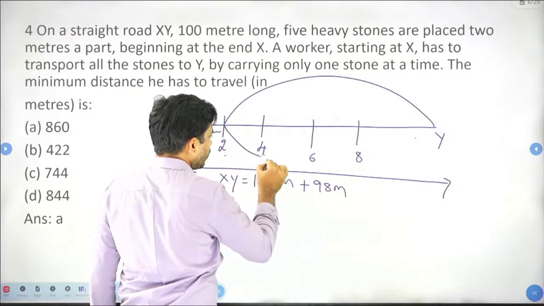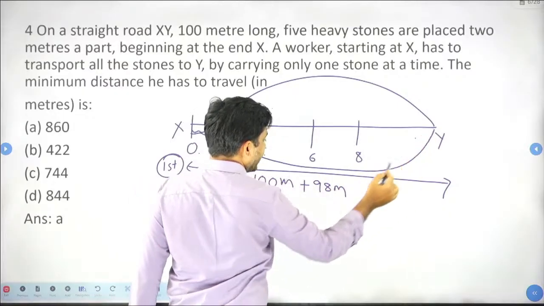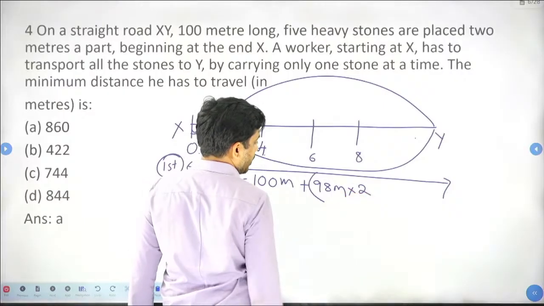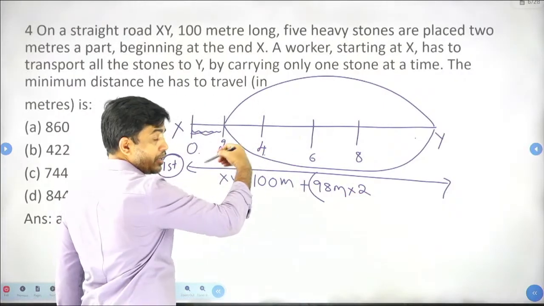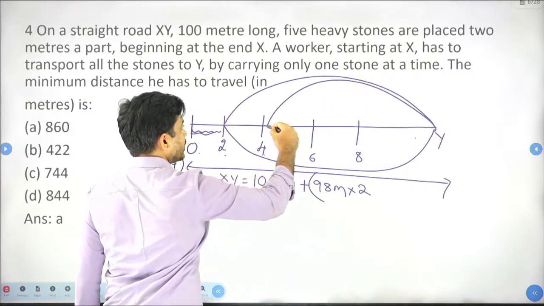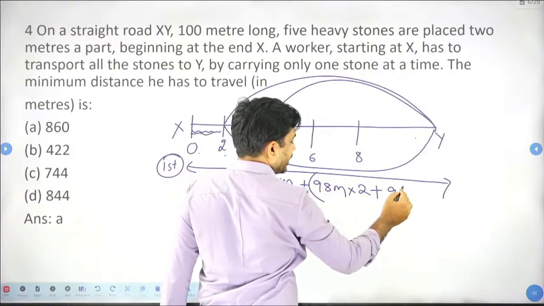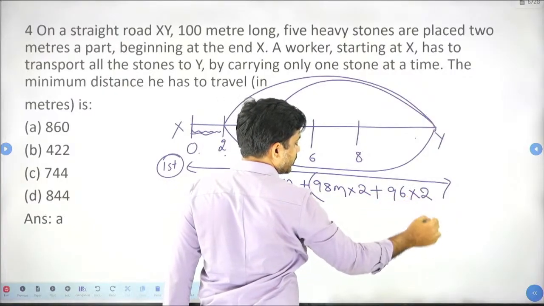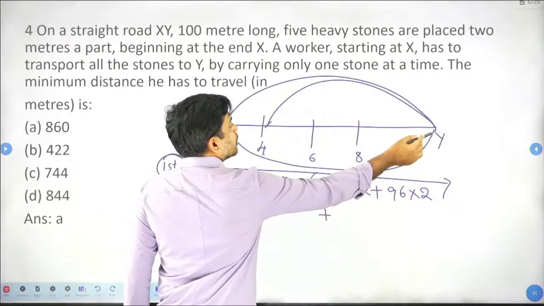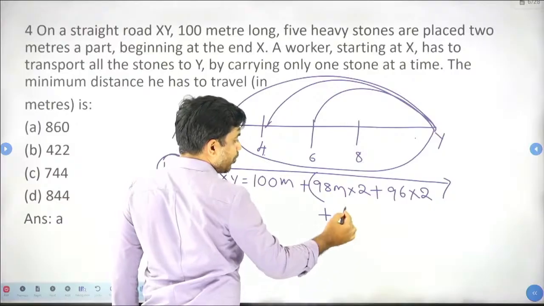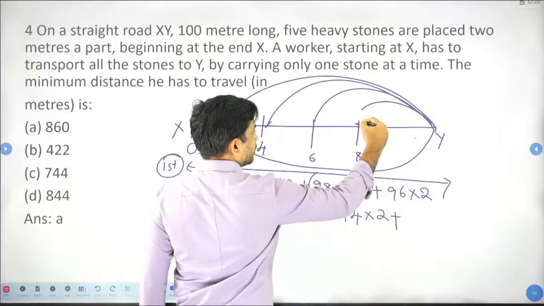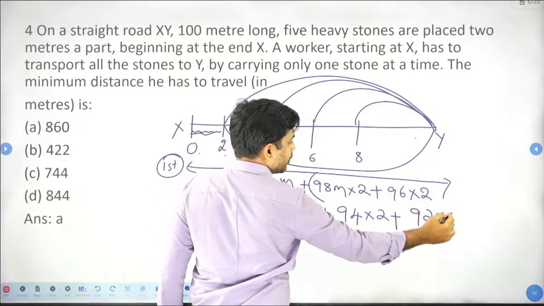Again, you have to transport this to this place, right? So another 98 will be added. It means 98 twos are 98 plus 98. Then 100 minus 4 means 96. 96 and 96. So 96 twos, plus this one 94 and 94. 94 twos, and this one 92 into 92.